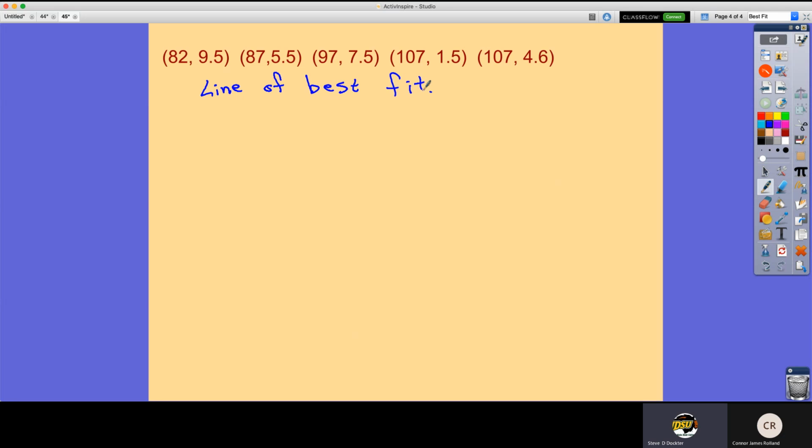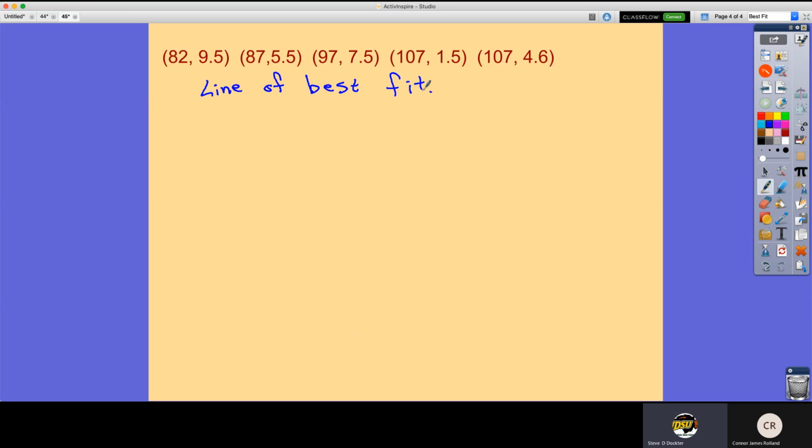All right. Now, before, we've already done these. We've done line of best fit before. And the problem with what we did before was it was an estimate. It was a guess. Yours could be very different than the person next to you. But there is an actual way to find the absolute actual line of best fit.